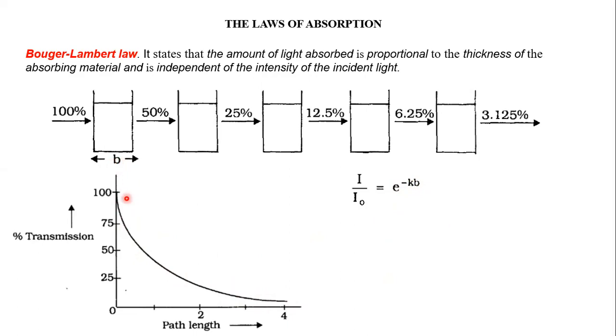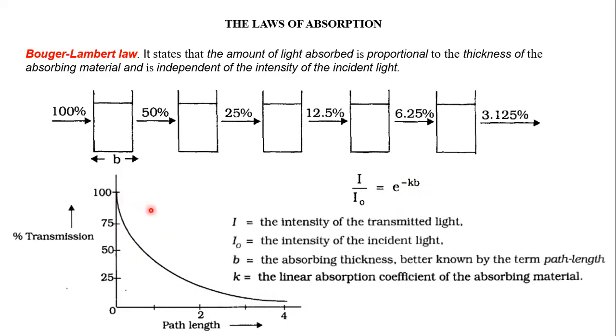Is this much fine? So what are all these terms represented over here? I is the intensity of transmitted light, I0 is the intensity of incident light, b is the thickness, and k is the proportionality constant. And because it is an exponential decrease, you have this term as negative.